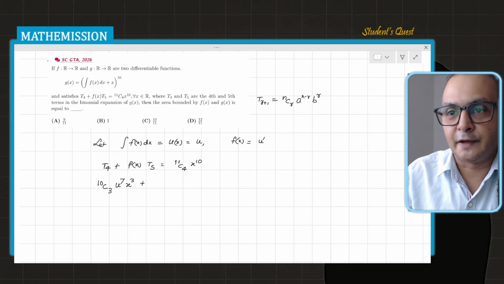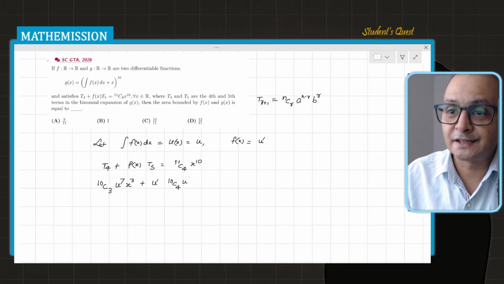The second term f(x) I can use as u dash, because f(x) is u dash as we have assumed, and for t5 I can use the same formula, so that will give 10C4 u to the power 6 and x to the power 4.